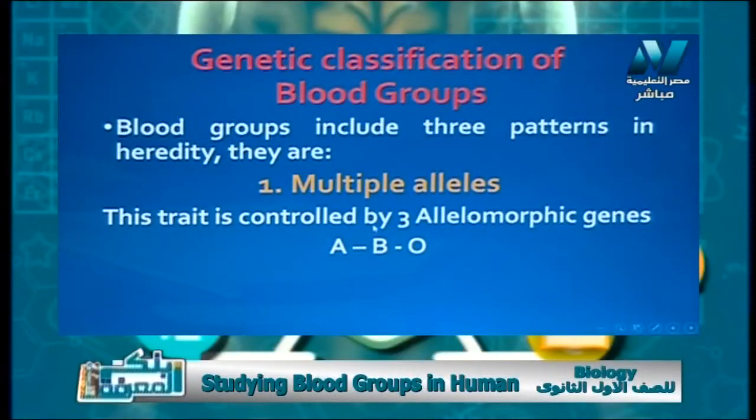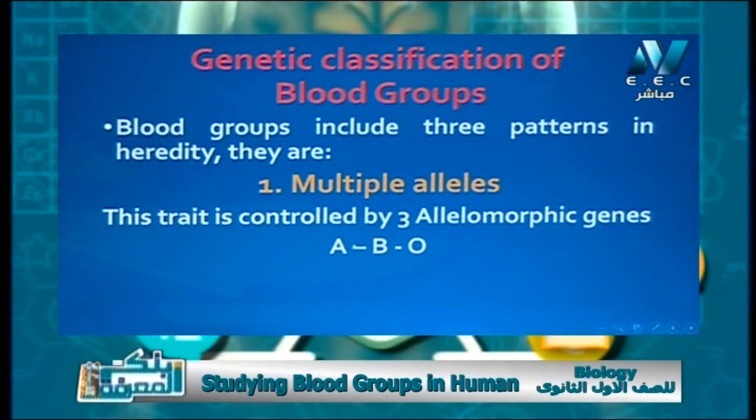And this antigen is of one type, so we called it A. And the person who has the blood group B has another type of antigens. So we give him the symbol B.